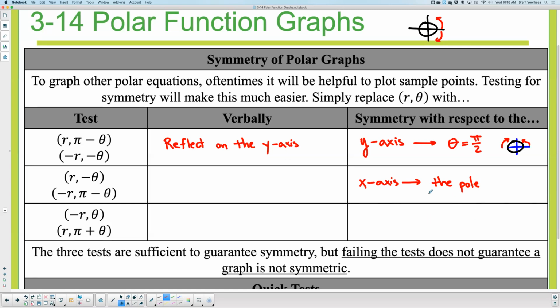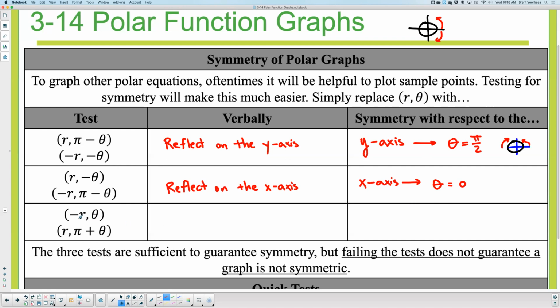Theta equals 0. Actually, I'm going to do theta equals 0 because I think the next one I actually need to write pole. Sorry, theta equals 0. Okay, this would be x-axis. This is when it reflects on the x-axis.